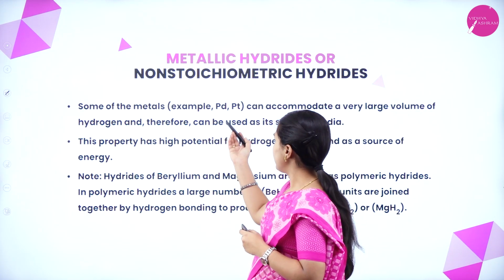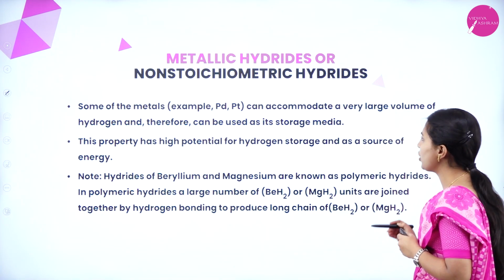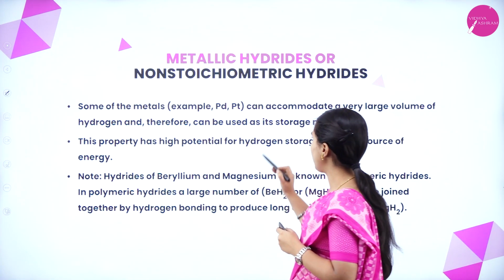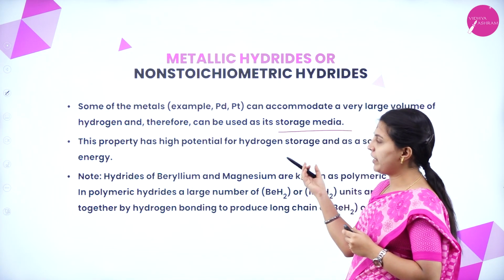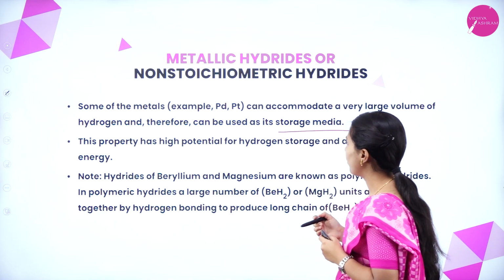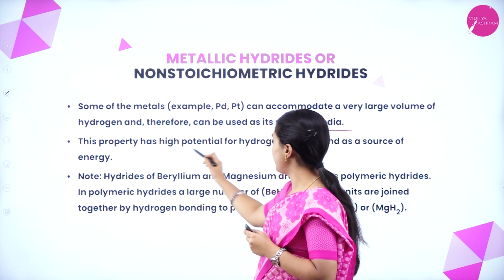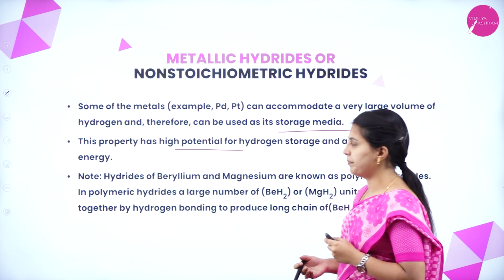Some metals, for example palladium and platinum, can accommodate a very large volume of hydrogen and therefore can be used as storage media. Palladium and platinum absorb hydrogen gas in large amounts, so they act as storage media. This property has high potential for hydrogen storage and as a source of energy.